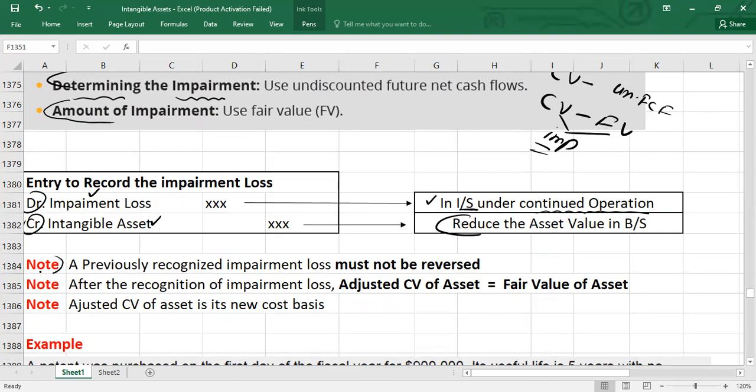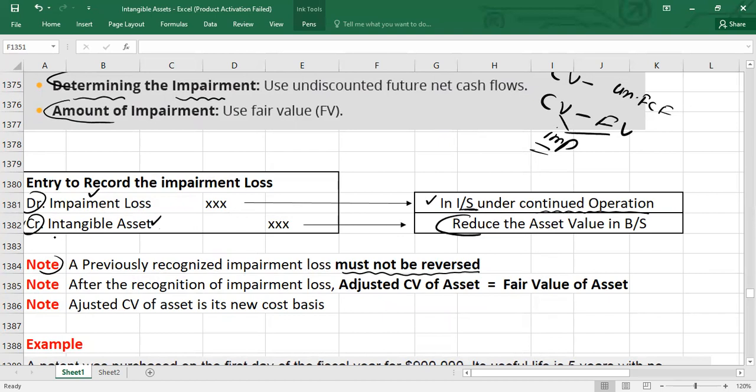We have three more notes which you need to remember. Note number one: a previously recognized impairment loss must not be reversed if the asset is in use. I'm not saying if the asset is held for sale; I'm saying if the asset is in use. You cannot reverse any previously recognized impairment loss.